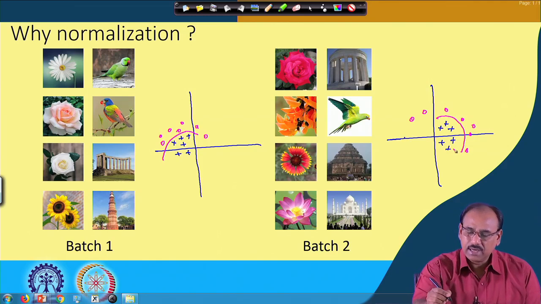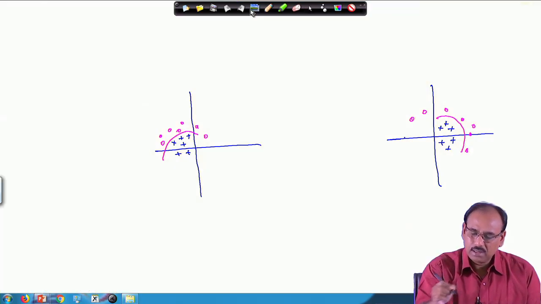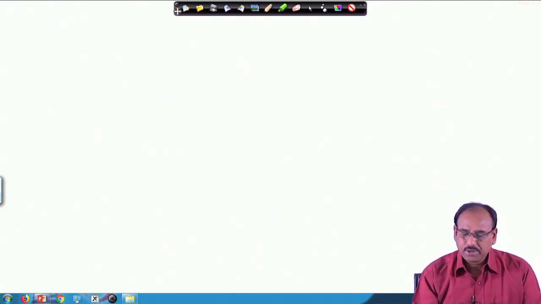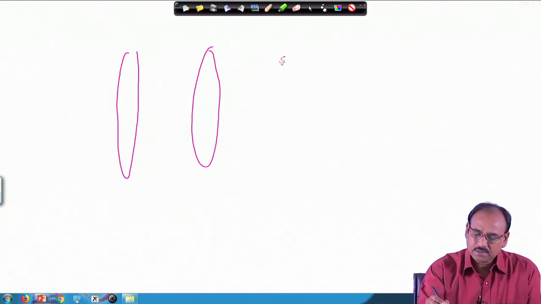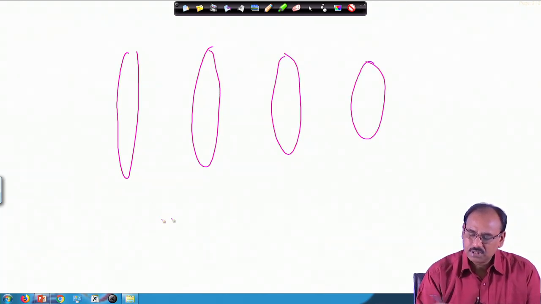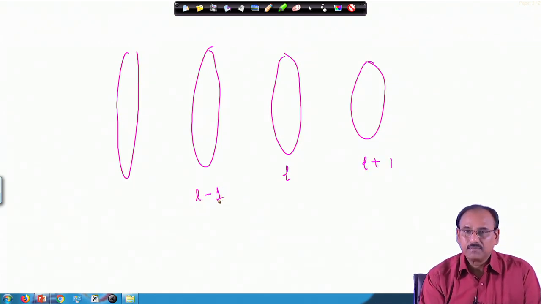So, it is something like this. If I put it in this form, I have a neural network having multiple layers. These are the different neurons. This is my Lth layer, this is layer L plus 1, and this is layer L minus 1.